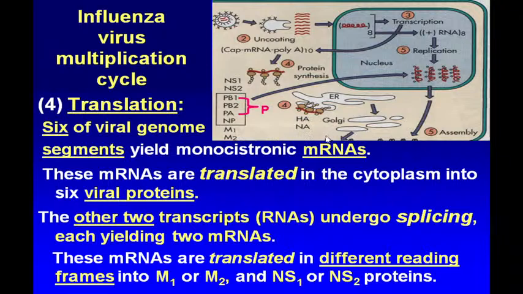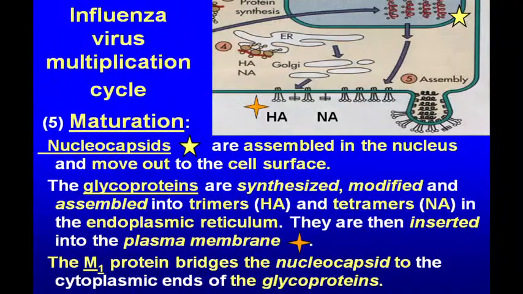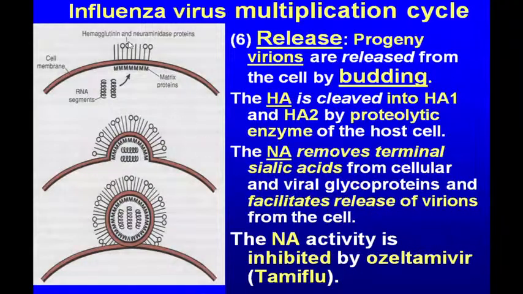Then M proteins will be taken here to line the inner layer of the envelope. And then nucleocapsids will be taken here and start the process of budding. Can you see here? Here are glycoproteins, then the M protein lines from inside, and then nucleocapsids are taken here. So then the virus buds from the host cell. See, here you have the process of release, right?